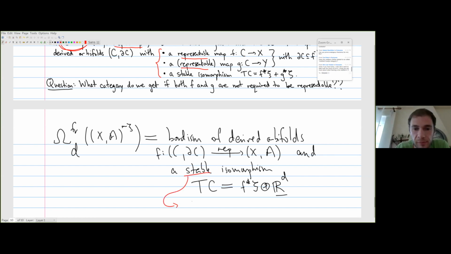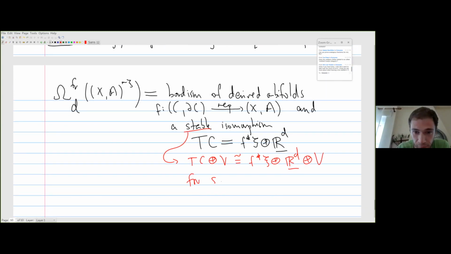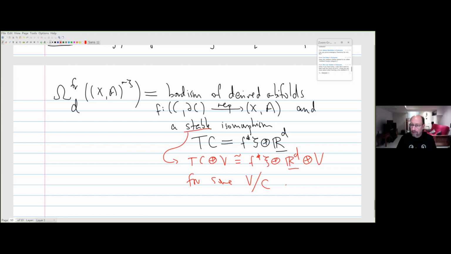That means TC plus V is honestly isomorphic to F upper star C plus R^D plus V for some vector bundle V over C. So this is somehow the natural way to, well, if you have an orbifold and you know what its tangent bundle is, then this is somehow the natural place to put the virtual fundamental cycle, or the fundamental cycle here. So Hiro, that's okay? Good?